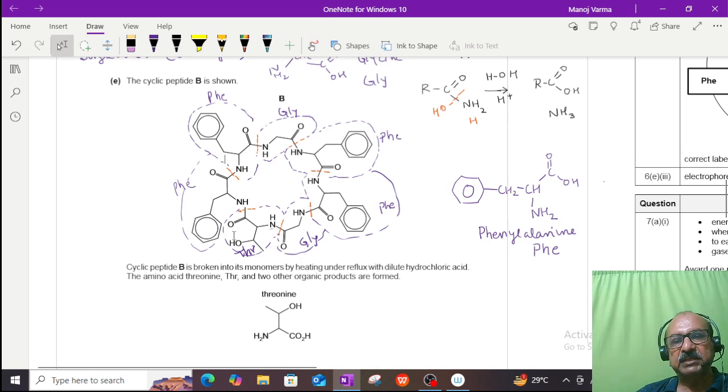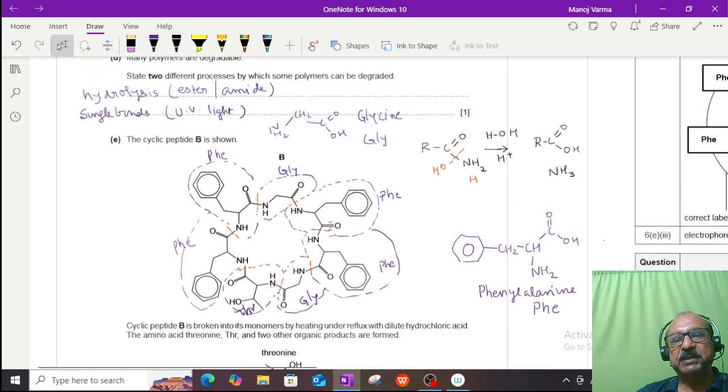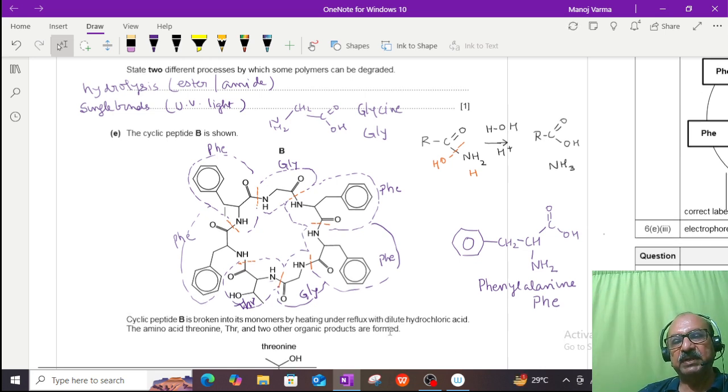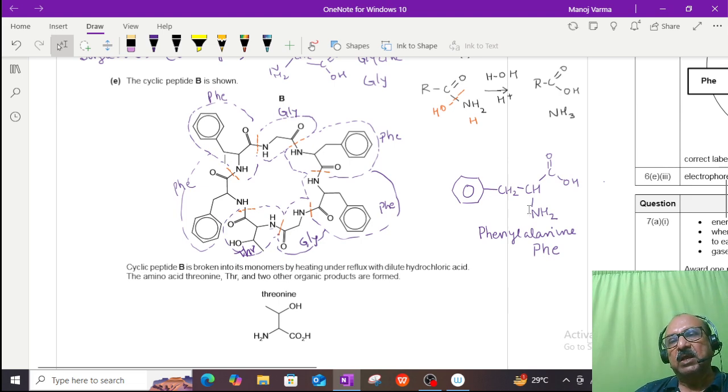This part here is the threonine part. So this is what is going to happen when this cyclic peptide B undergoes hydrolysis under reflux with dilute hydrochloric acid. You have to revise the concept of the acidic hydrolysis of the amide linkage or the peptide linkage, whereby you have to create a carboxylic group and an NH2 group wherever there is the amide linkage.